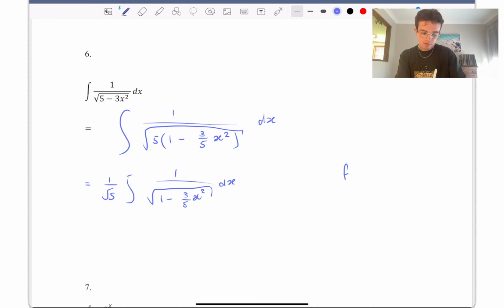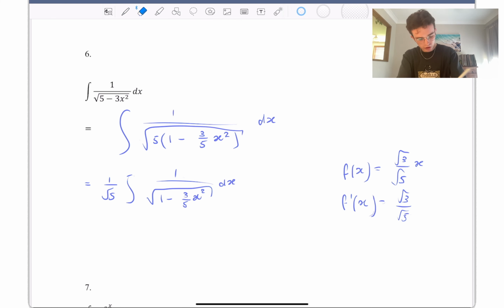Now we know that f of x squared is 3 on 5, which means f of x is the square root of 3 on the square root of 5 x, and f dash of x is root 3 on root 5. Now, in an ideal world, we want root 3 on root 5 on the top, but I don't have that.